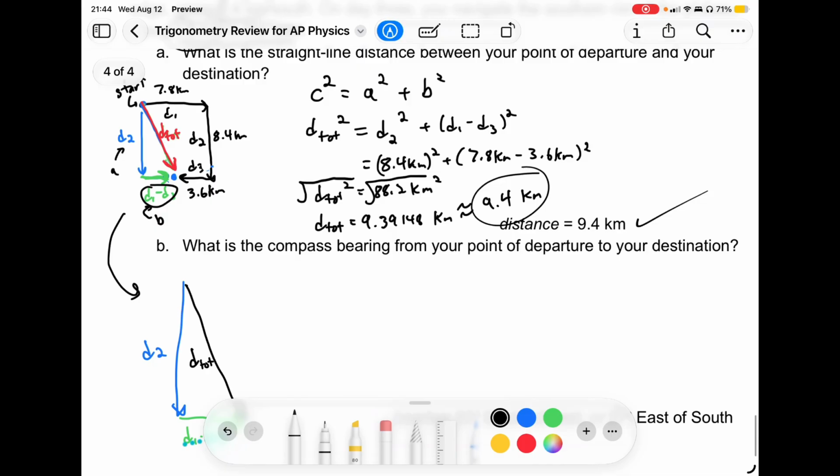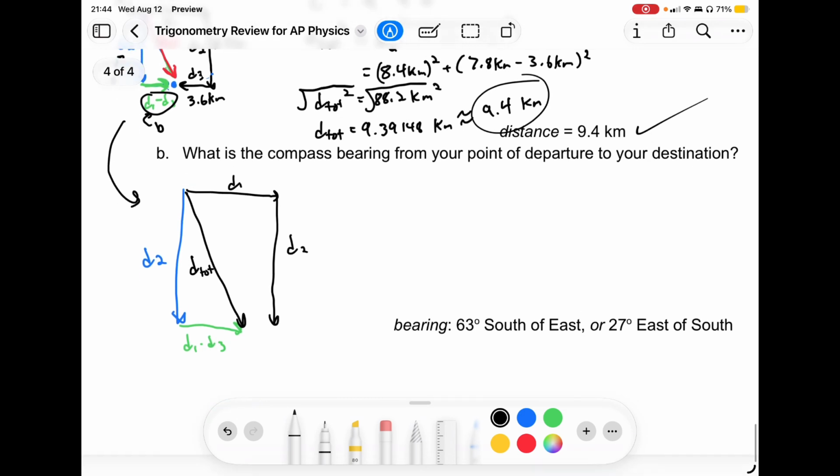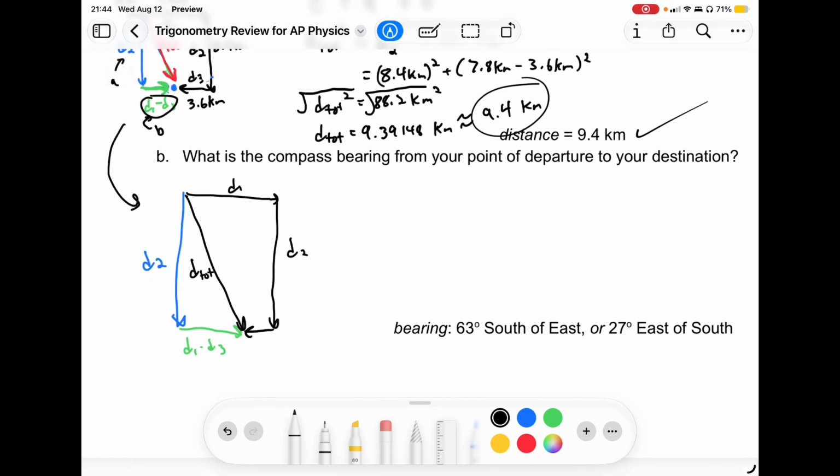And again, where that came from was the first day we went some distance over to the east. The second day we went some distance down to the south, D2. And then the third day we went some distance back to the west, undoing some of our progress from D1 to give us a shorter side for our east to west movement in total.